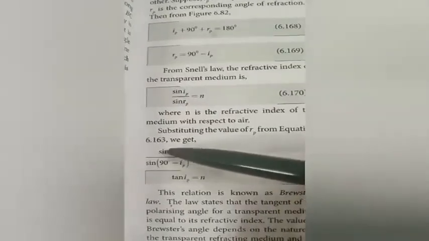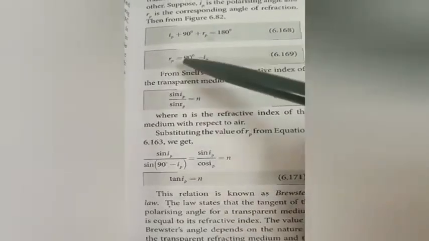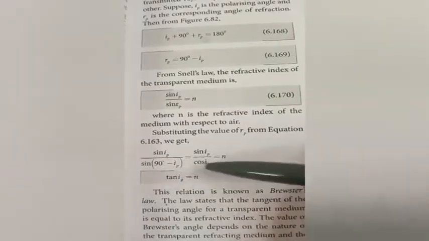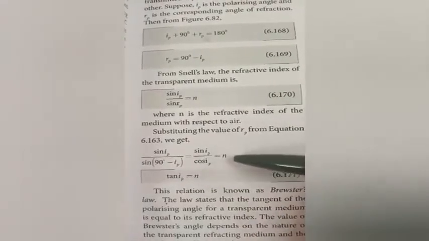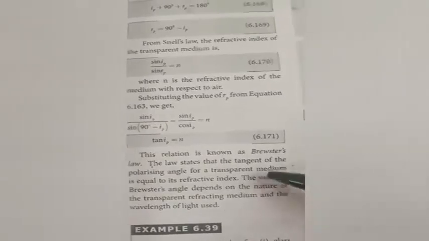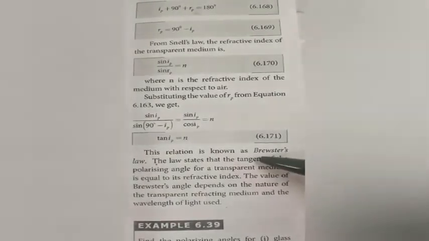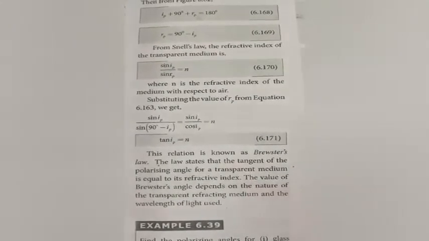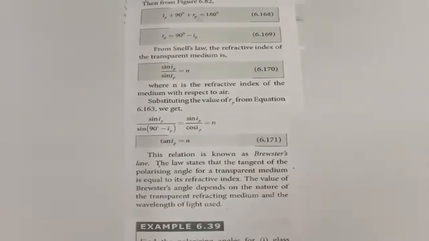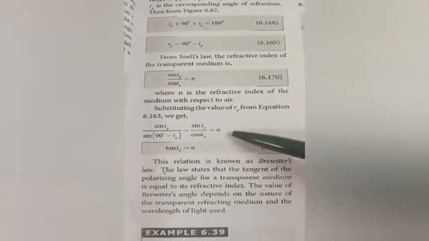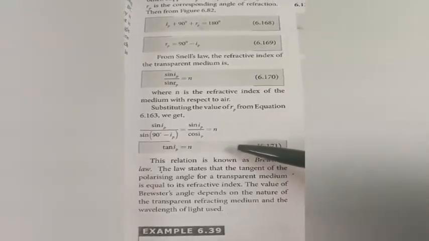So sin IP divided by sin (90 minus IP) is equal to sin IP by cos IP, which is equal to N. So tan IP is equal to N. This relation is known as Brewster's law, and this law states that the tangent of the polarizing angle for a transparent medium is equal to the refractive index. So polarized light can be obtained by reflection and refraction.